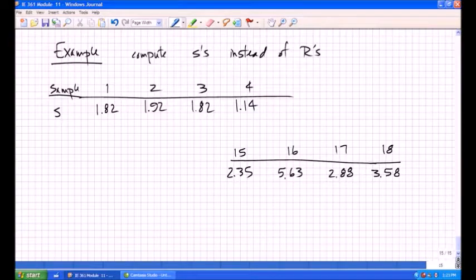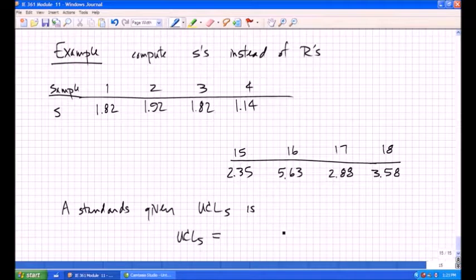And you can check, for example, that a standards given upper control limit for S is going to be, well, what do I want?